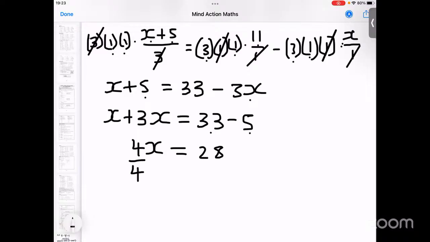Now we want to remove that 4, so that cancels with that, and we've got x equals, what will that be, honorable members? Guys, what is 28 divided by 4? It's 7.